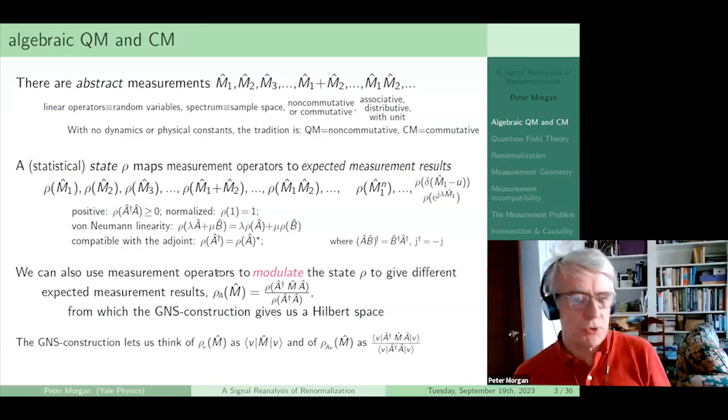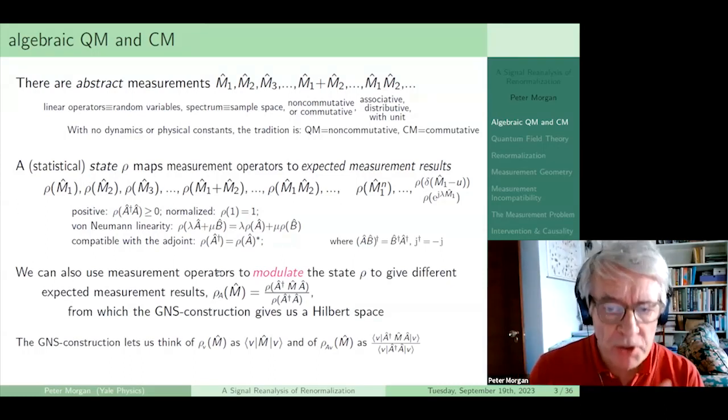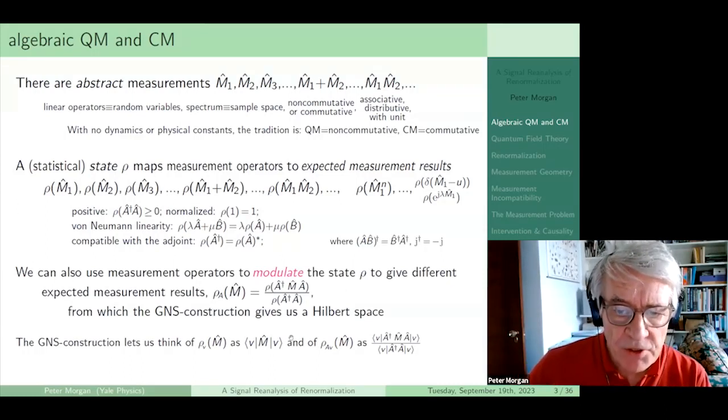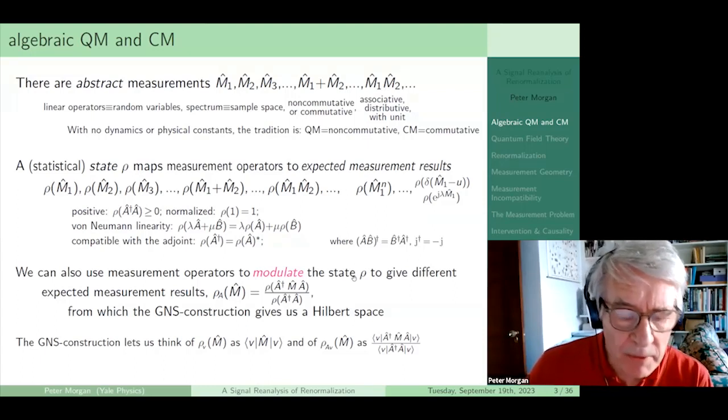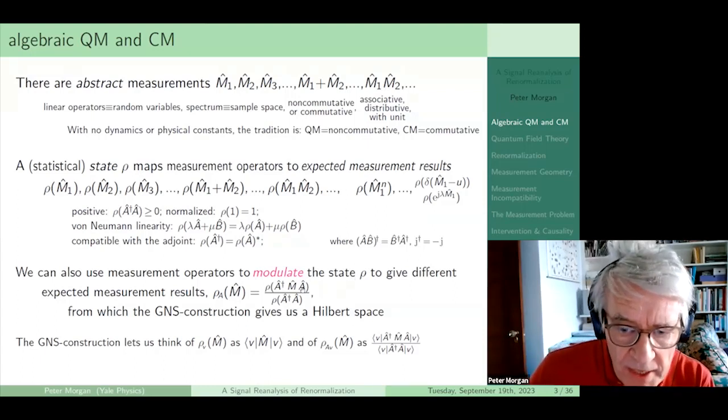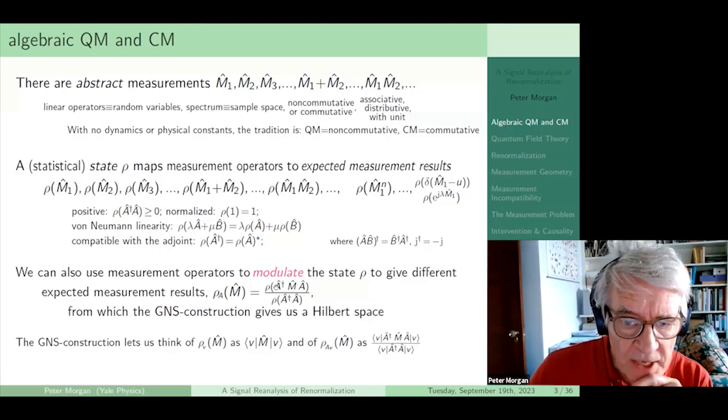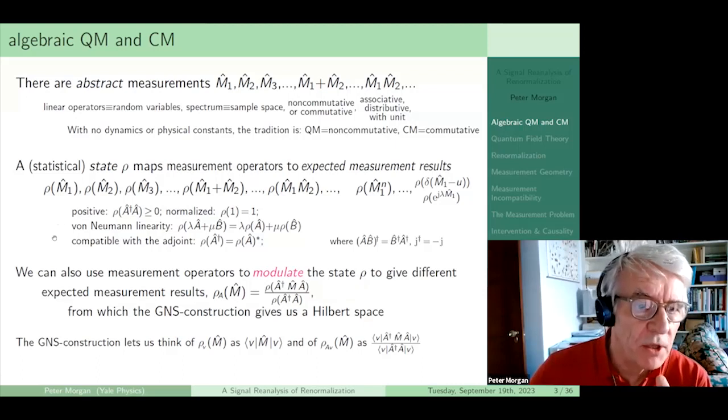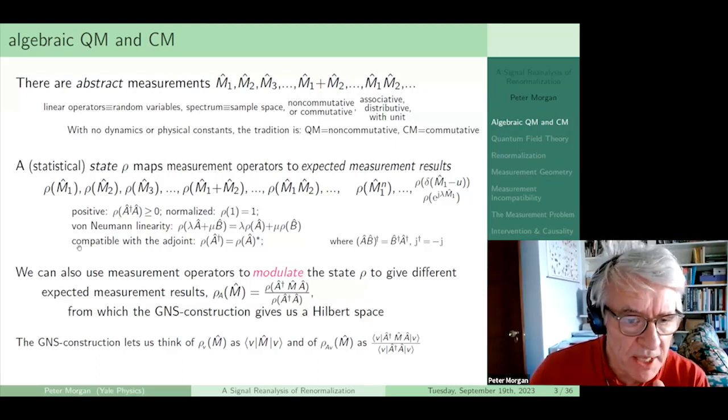So we can also use the measurement operators to modulate the state, using signal analysis language here, because we can take an operator A and its adjoint and bracket them around that measurement operator, and this construction also satisfies the rules for it to be a state.